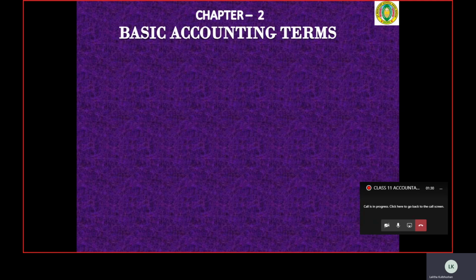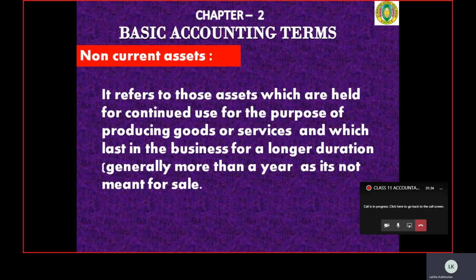Now see children, we have discussed we can classify the assets broadly into two categories. One is non-current assets and the other one is current assets. Non-current assets basically mean those assets which are intended to stay in the business for a longer duration, that is more than a year.